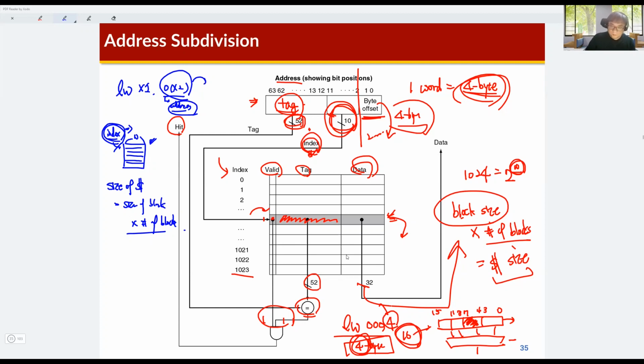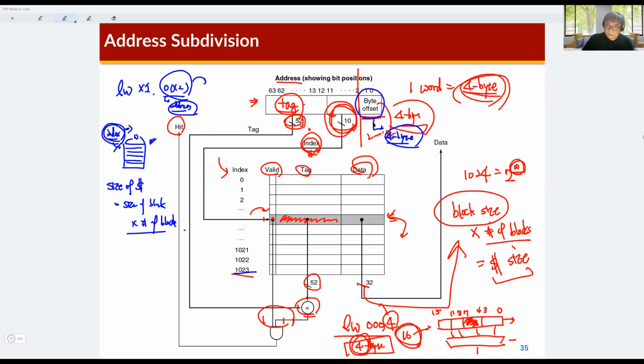This figure shows an example organization of the direct mapped cache, and as you can see, this cache includes 1024 entries, and the size of a single block is 4 bytes. So 4 bytes of data are stored in a single cache block.